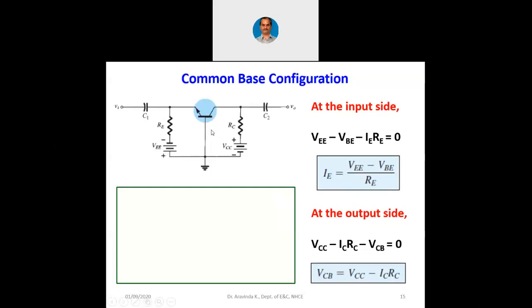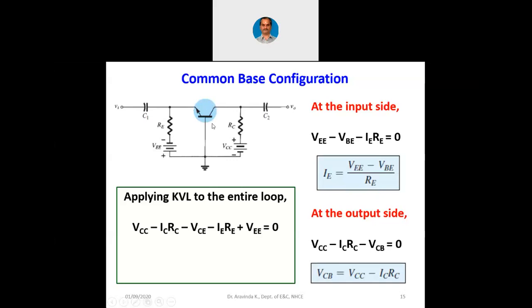Applying KVL to the entire loop, we can apply KVL completely to the whole loop, including collector and emitter. If we apply KVL to the entire loop, then VCC minus ICRC minus VCE minus IERE plus VEE equals 0.